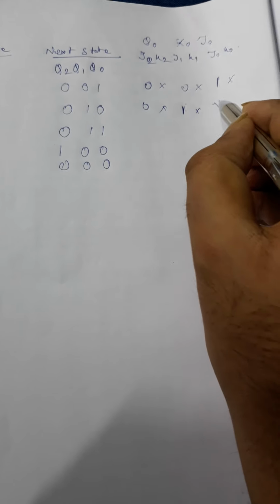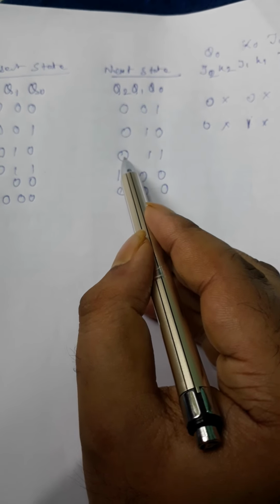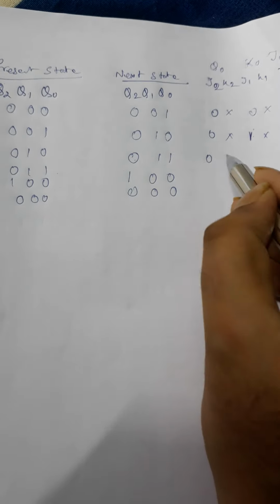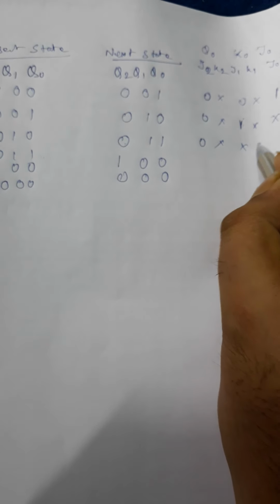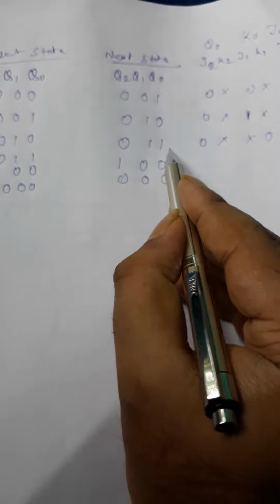Then 1 to 0: if it changes from 1 to 0, then it will be don't care, 1, right? Again 0 to 0: 0, don't care. Then 1 to 1: don't care, 0. 0 to 1: 1, don't care.